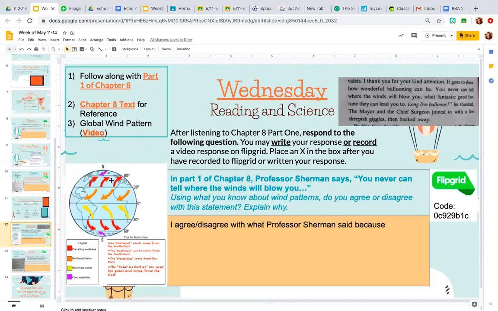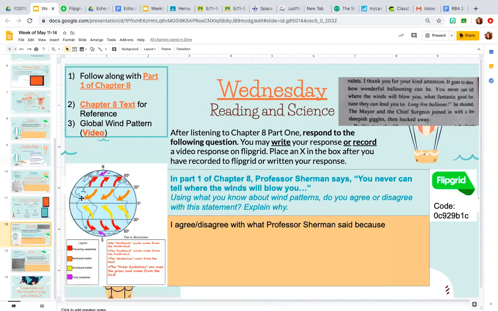So if I were to drop a balloon or float in a balloon, as Professor Sherman did, and I took off from the tip of South America here, where would I go? Would I start flying to the right, or would I start flying to the left?